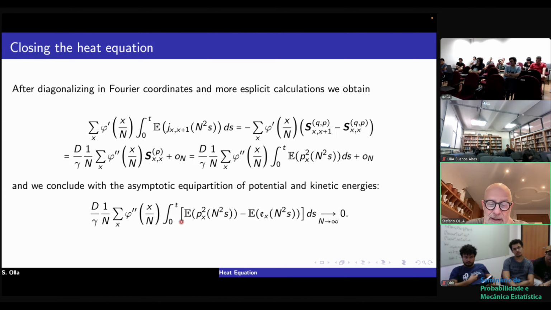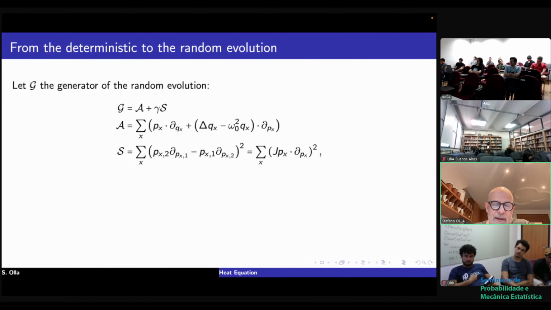So basically, equipartition means that kinetic energy and total energy should not be too different. And then you can conclude the equation proving this. And this requires another argument that can always be solved within the stochastic dynamics. So this is how the proof goes for the stochastic dynamics, and I knew how to do it.